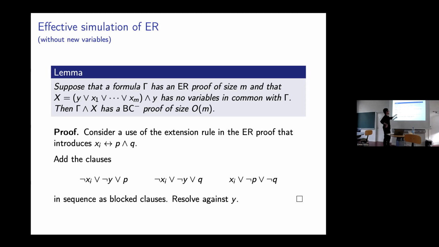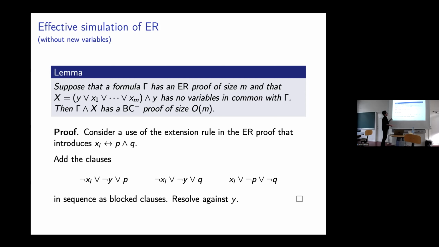Let's say it introduces some new variable xi over some literals that are coming from the previous theorem. Then if you were doing extended resolution only, you would be adding this clause without this literal, and this clause without this literal, and this clause. And these are just the three of those just from the CNF from this one.